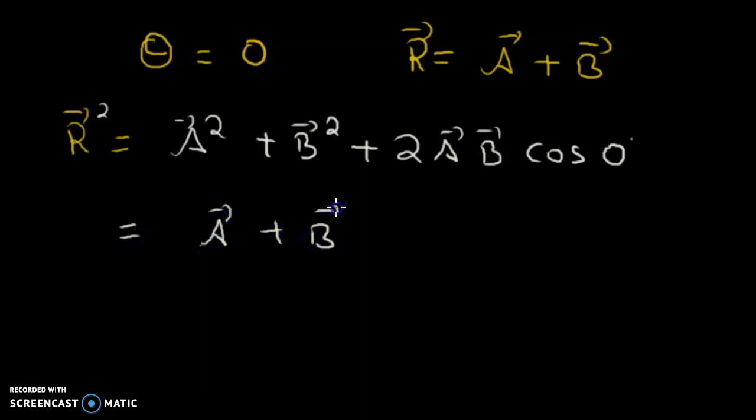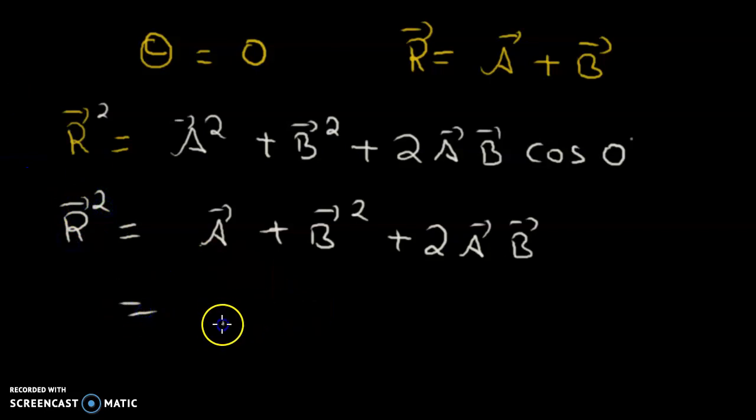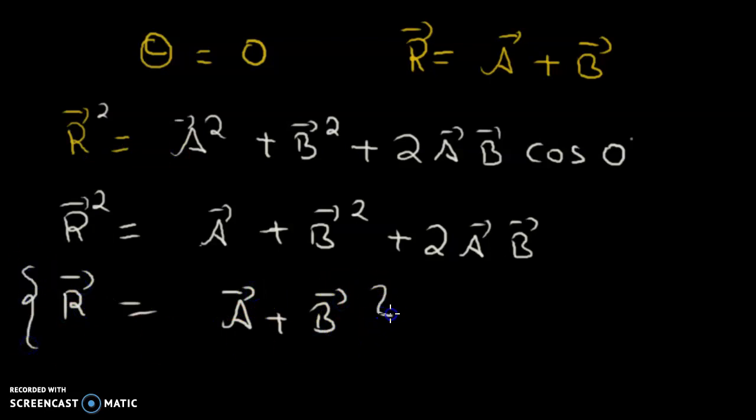Cos 0 is 1, so just 2ab. So it is actually a plus b whole square, and the squares cancel out. So in that case, the r vector is just the direct sum of these two vectors.